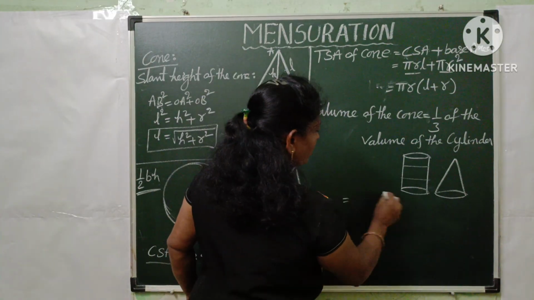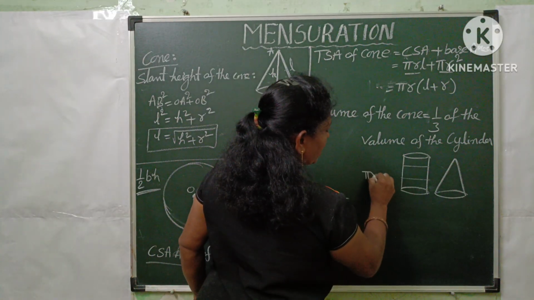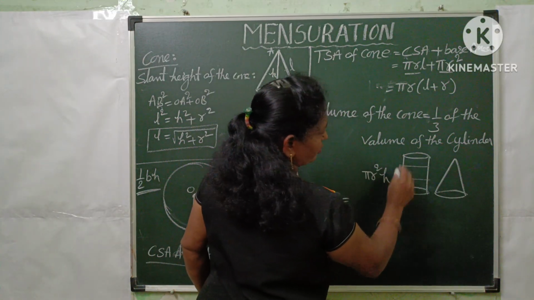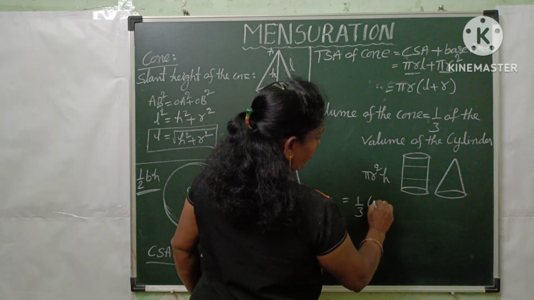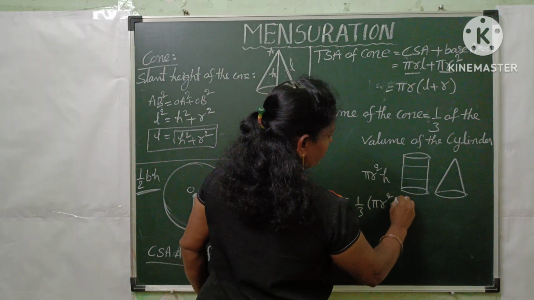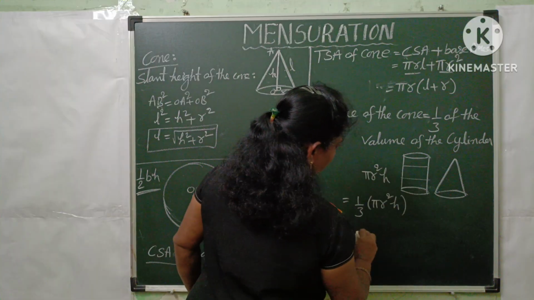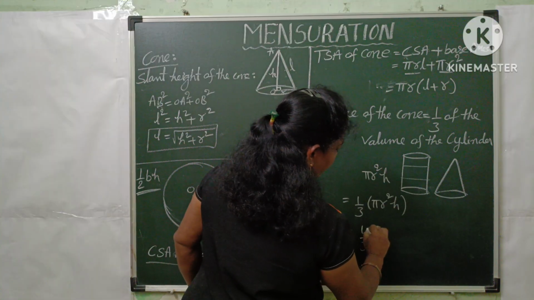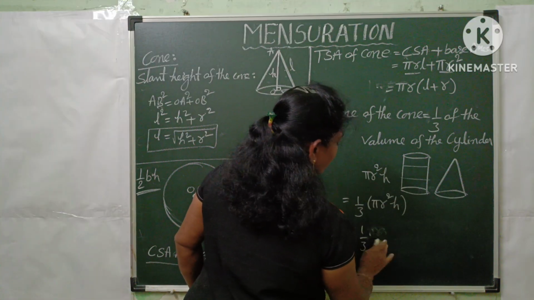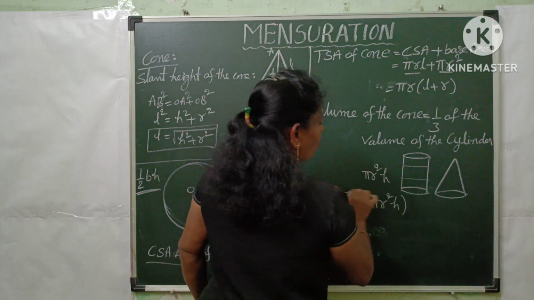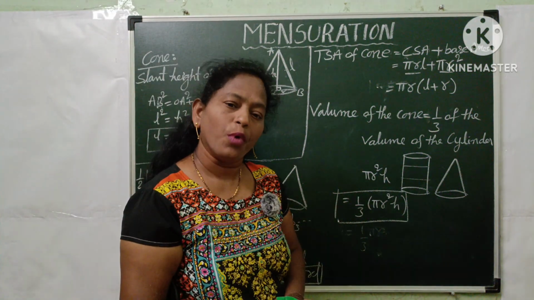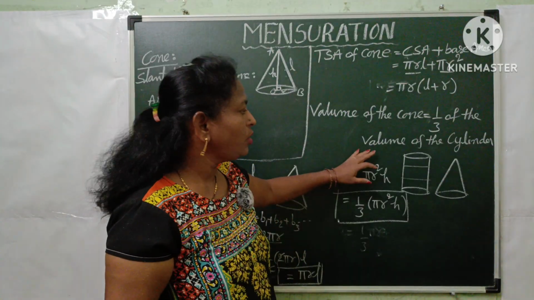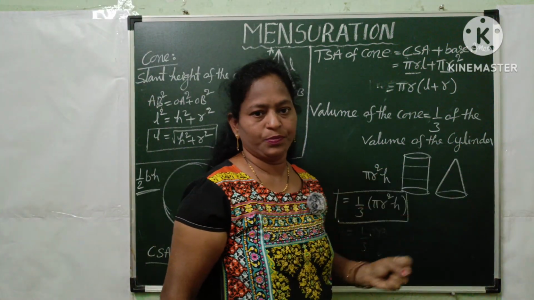So the volume of the cylinder is pi r square h. So 1/3 into pi r square h, that is equal to 1/3 pi r square h. This is the volume of the cone.